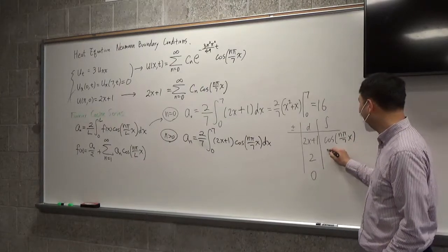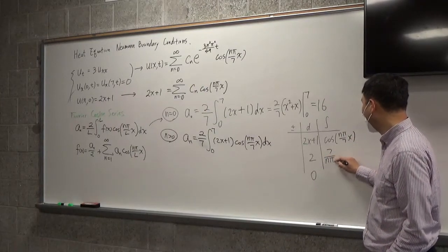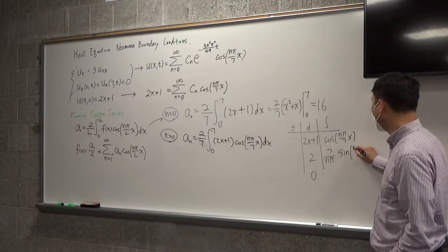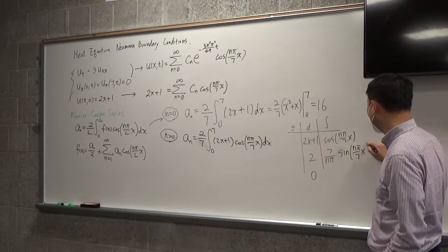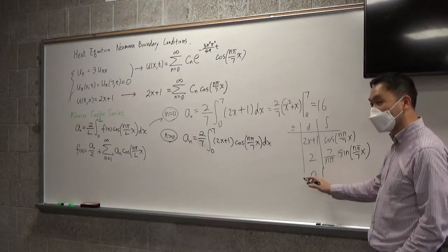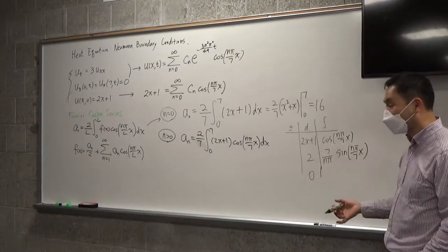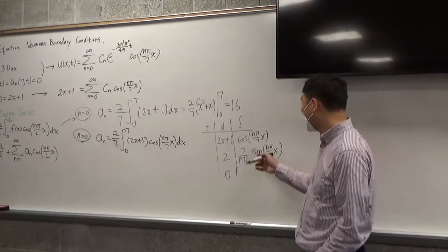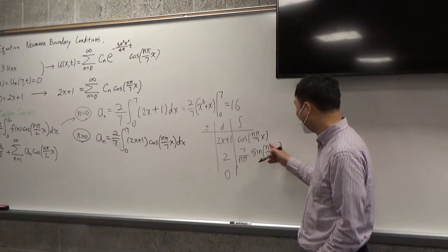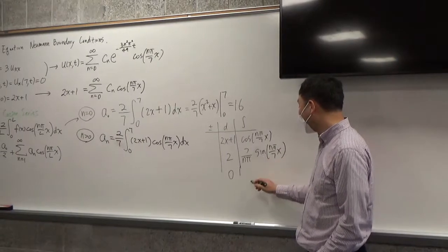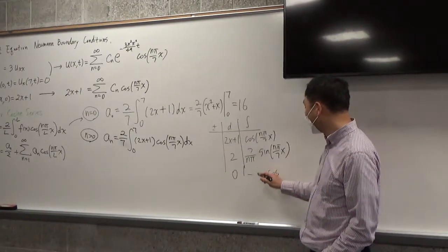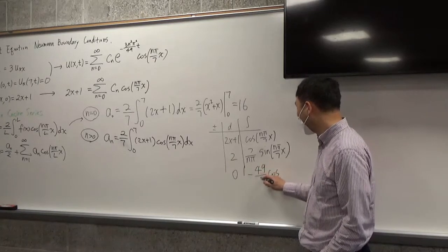The integral is 7 over n pi sine(n pi over 7 x). I'm doing this a bit fast because it's so straightforward, and we have been doing the Fourier series before, right? So every time you integrate, the reciprocal of this number comes in front. Sine integrates to negative cosine. And another 7 over n pi will make this 49 over n squared pi squared.